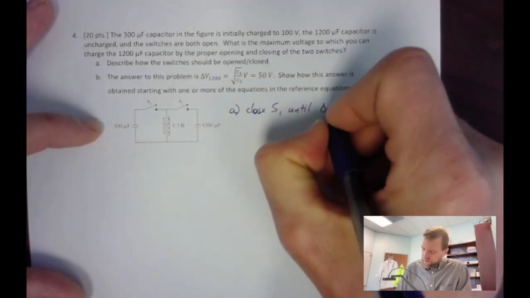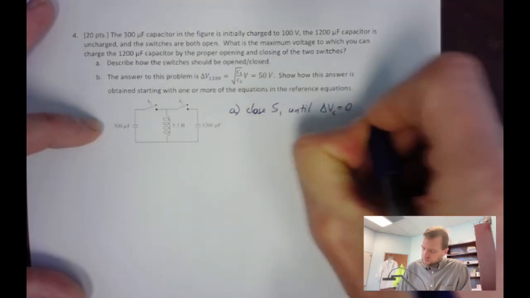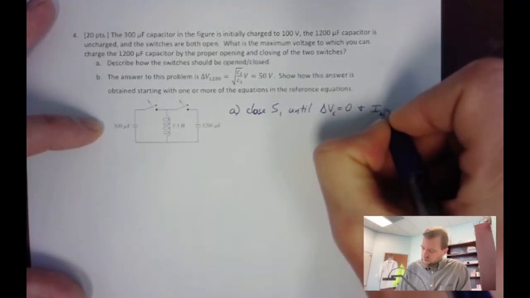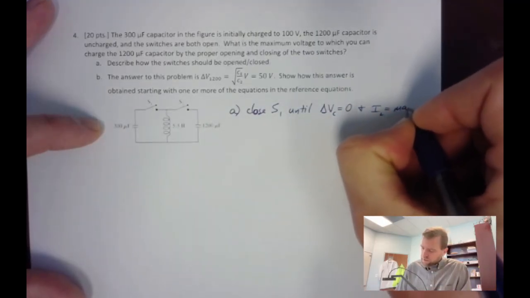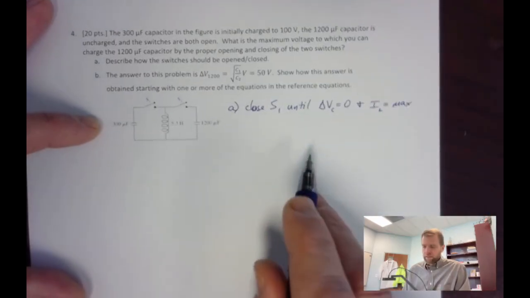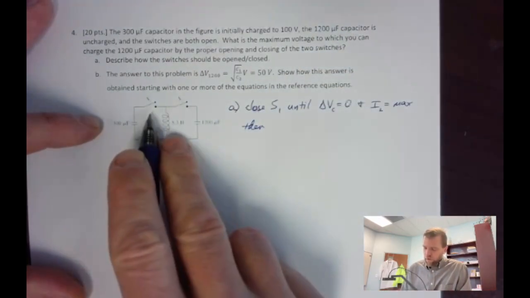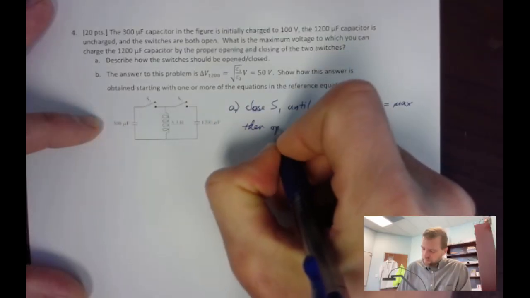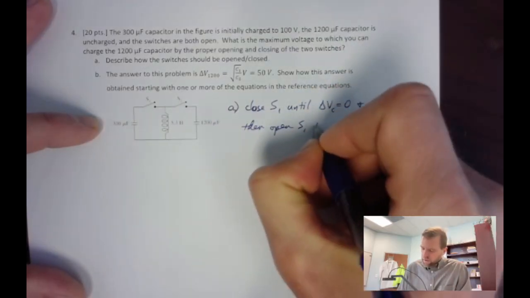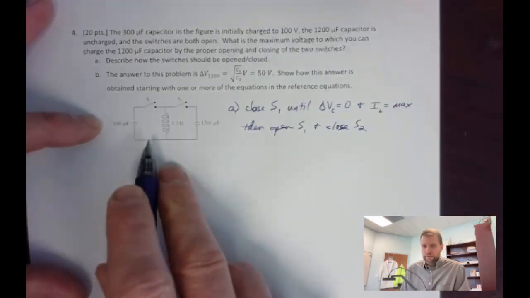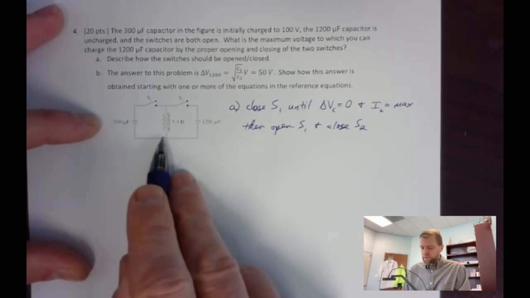Until delta V of the capacitor equals 0 and I inductor is at a maximum. Okay? All right, and then we will open S1 and close S2.